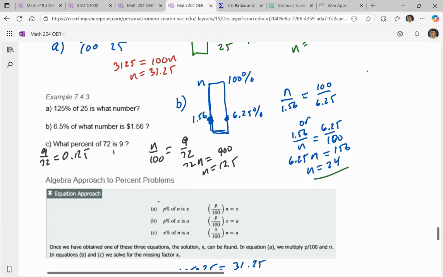You may not need to draw the box, though I do like the box. 72 is there, that's 100 there, here's 9 here, and so I'm looking for the n percent. So that's where I can get 9 over 72 equals n over 100, something like that. So just keep that in mind. Or again, 12.5%.